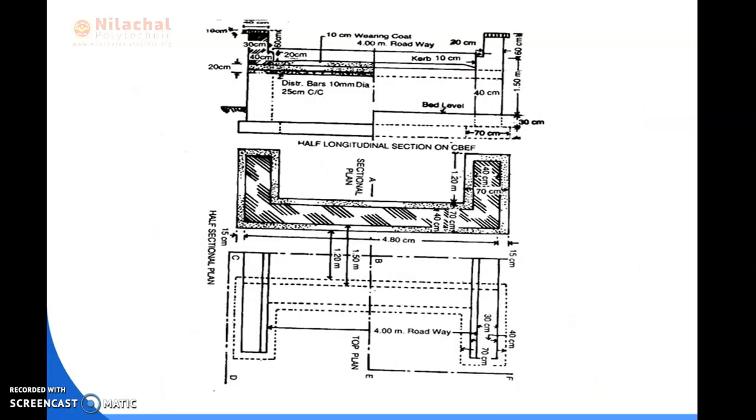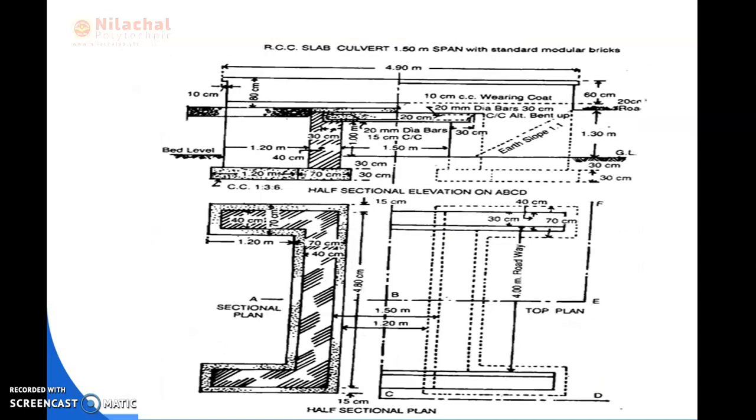We already discussed which part we use to define the breadth and height of the abutment: the half sectional elevation, because the half sectional elevation ABCD cuts the section of the abutment. First we define the length of the abutment. From this part to this part, how much is the length? 4.80. It means the length of brickwork is 4.80.